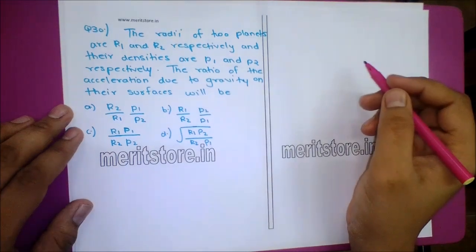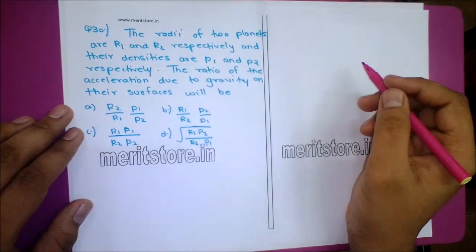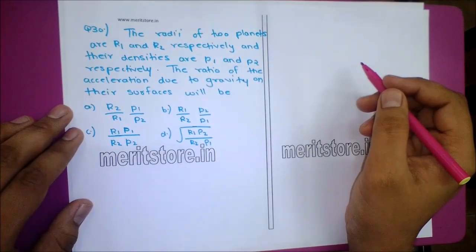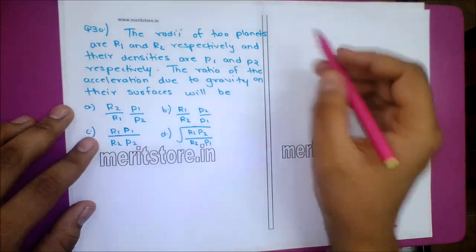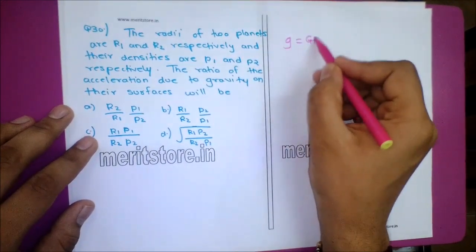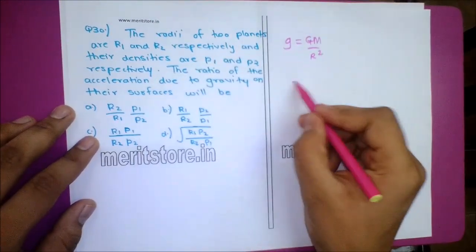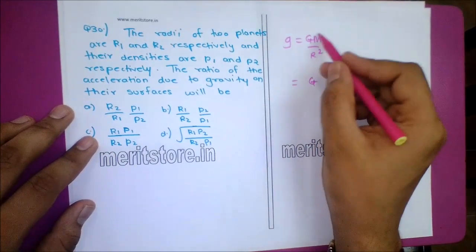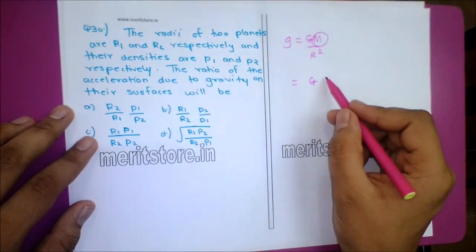Question 30. The radii of two planets are R1 and R2 respectively, and the densities are ρ1 and ρ2 respectively. The ratio of the acceleration due to gravity on their surfaces will be. So we know g is equal to GM upon r square. Mass can be written as volume into density.